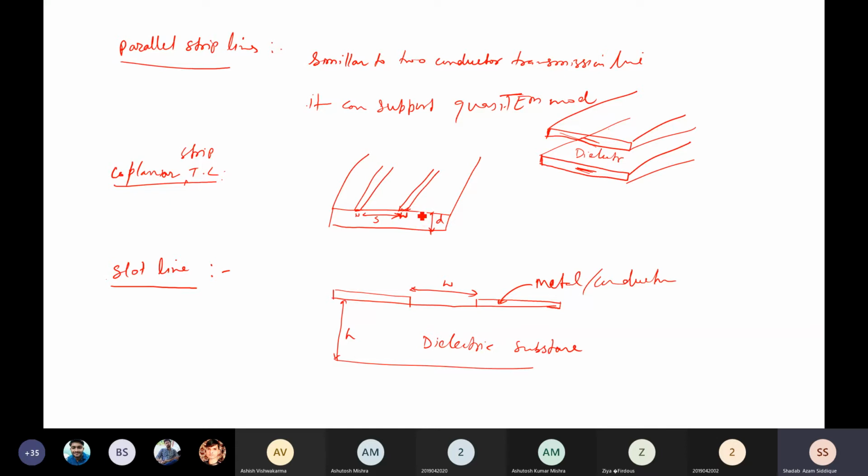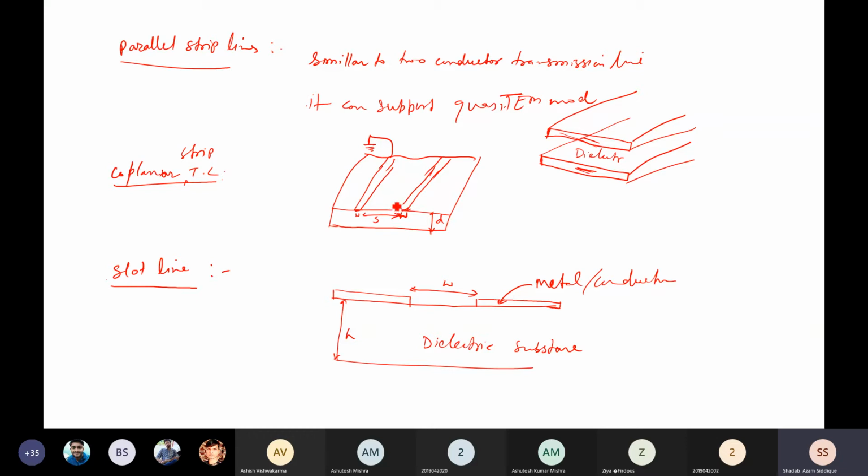So this is formed by two conducting strips with one strip grounded, and both are placed on the same substrate surface. In that, one will be grounded.